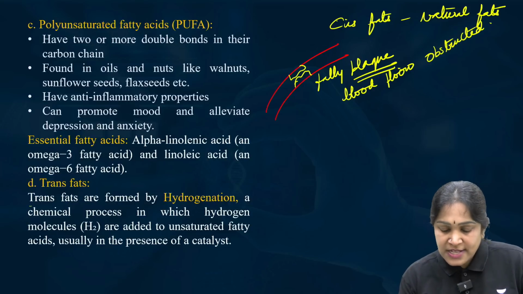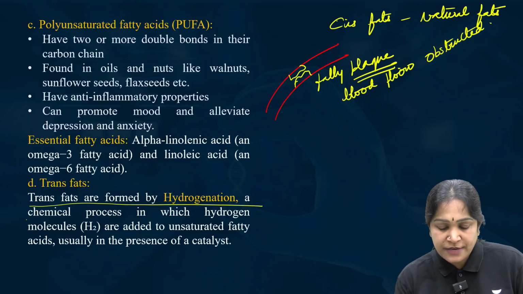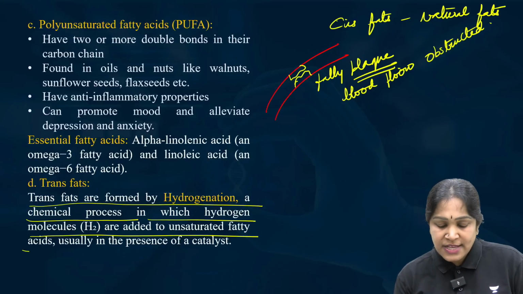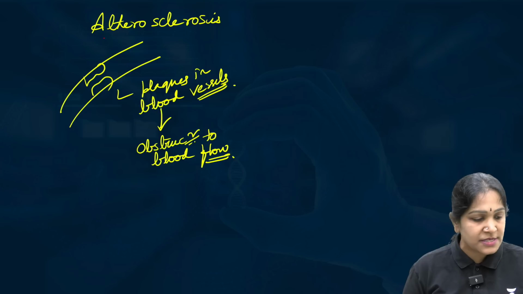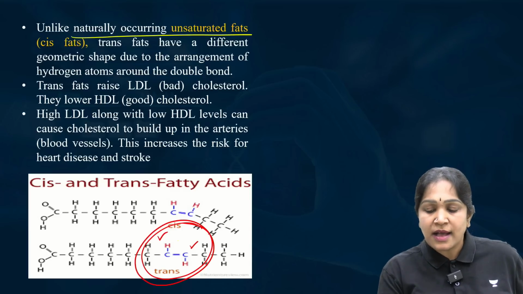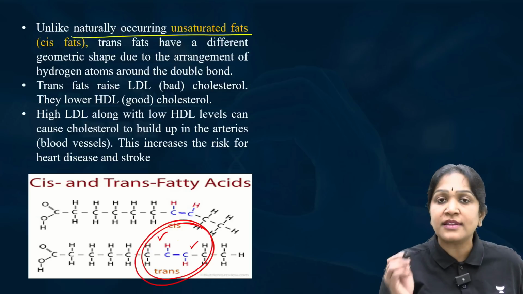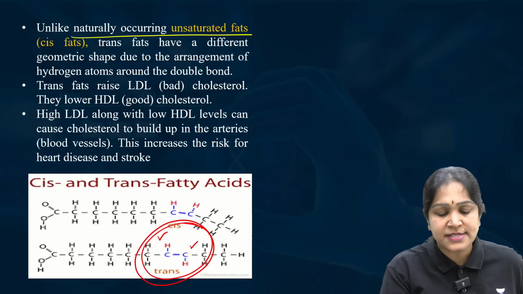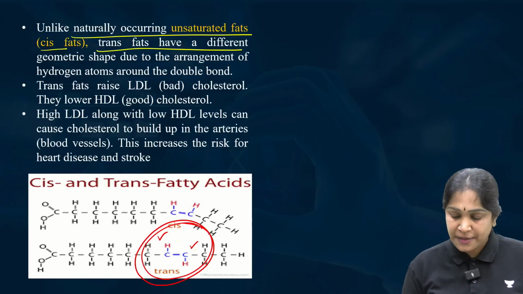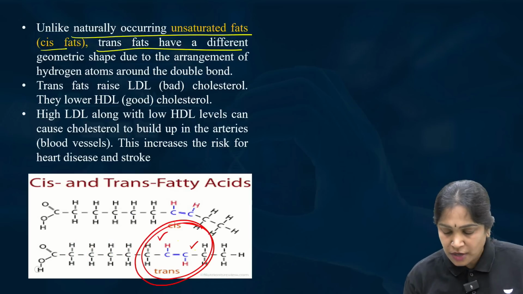Okay, so the trans fats are formed by hydrogenation, which is a chemical process in which hydrogen molecules are added to the unsaturated fatty acids, usually in the presence of a catalyst. Unlike the naturally occurring unsaturated fats, what are the naturally occurring unsaturated fats? Cis fats. The trans fats have a different geometric shape. Look at here, this is a different geometric shape.